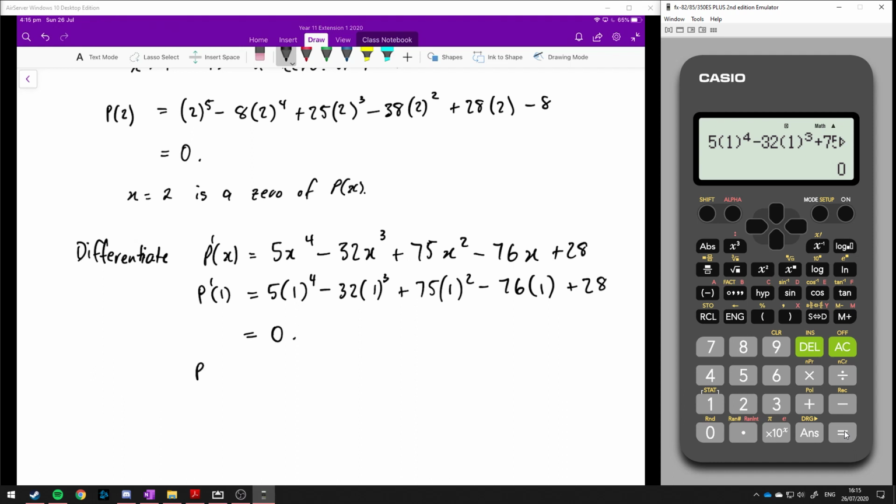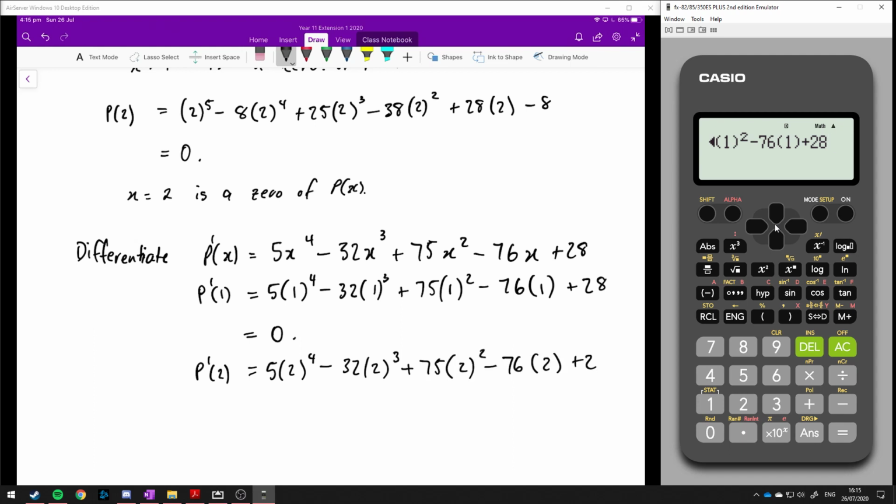So now let's try our 2. Okay, so 2, we'll try that. Same thing, I'm going to substitute 2 into these spots. So 2 cubed plus 75, 2 squared minus 76 lots of 2, plus 28.